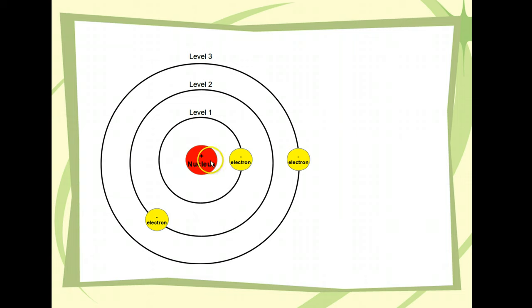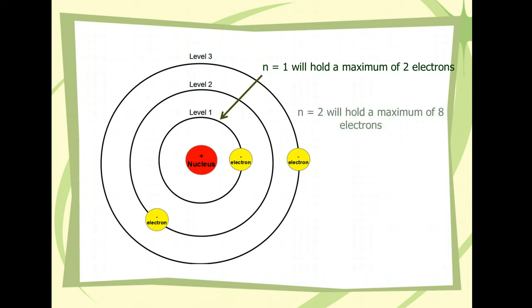So let's look at that on a picture. Here's a nucleus. The nucleus is positively charged because it has protons in it, and the electrons go around the outside in these orbits. Level 1 will hold a maximum of 2 electrons. Level 2 will hold a maximum of 8 electrons. Level 3 will hold a maximum of 18 electrons.